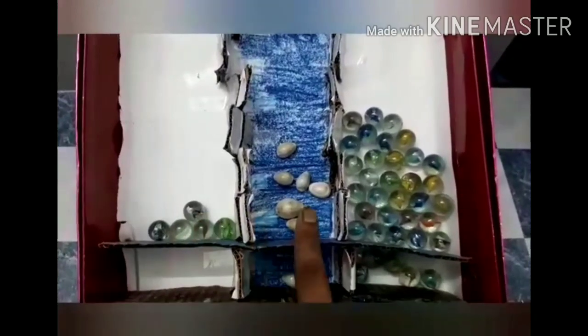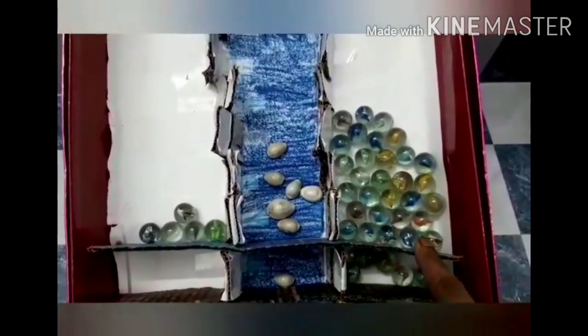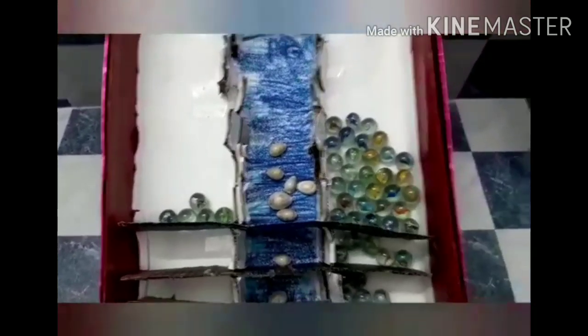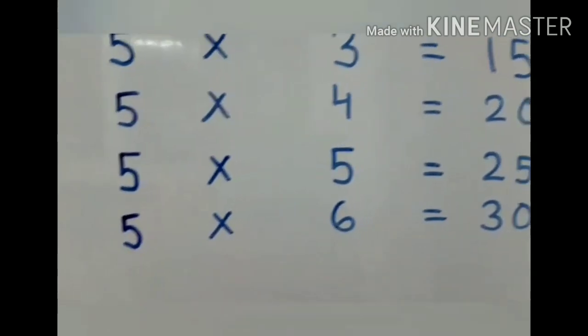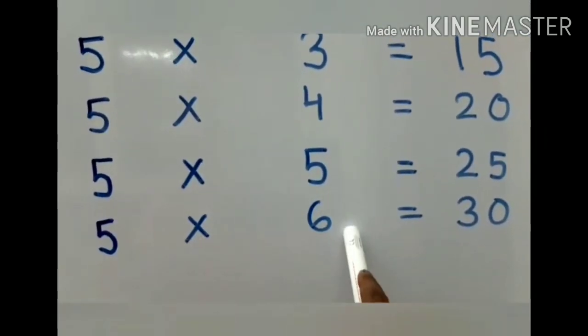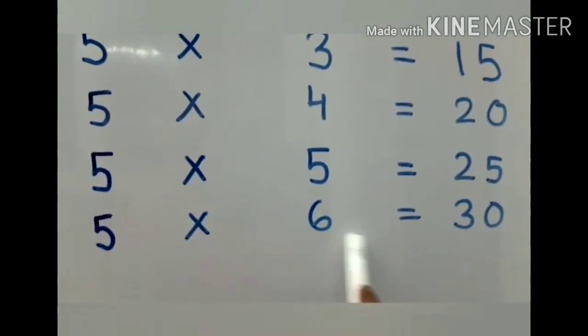So this will become 5 sixes are 30. See, I have 6 crunches: 1, 2, 3, 4, 5, 6. So 5 sixes are 30 marbles I have here. Say children, 5 sixes are 30.